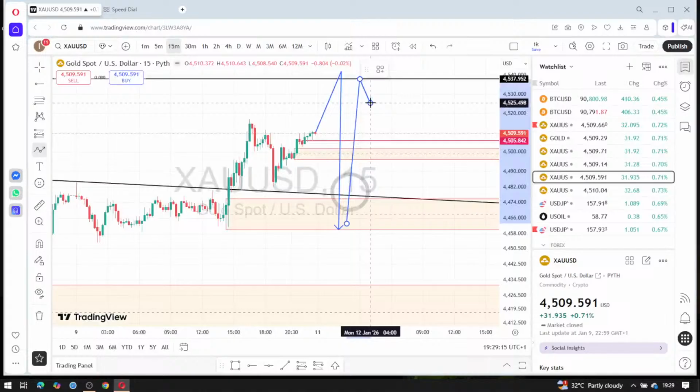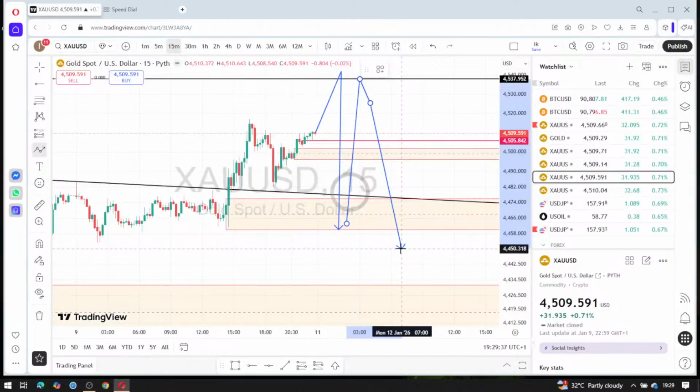After retesting it, it gives an entry trigger this way. Then you take a sell here and put your SL above this high. So these are the scenarios you can find yourself in, and then you'll be targeting the turning point or this other block that is there.